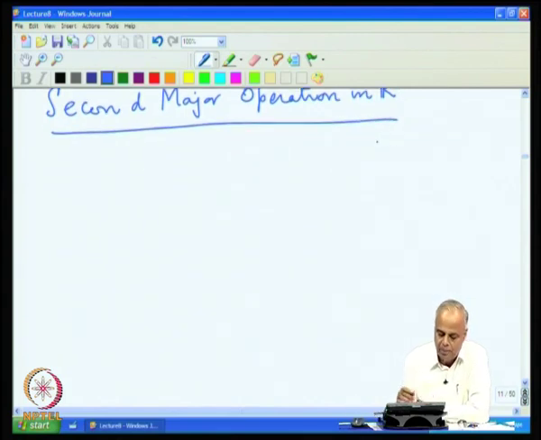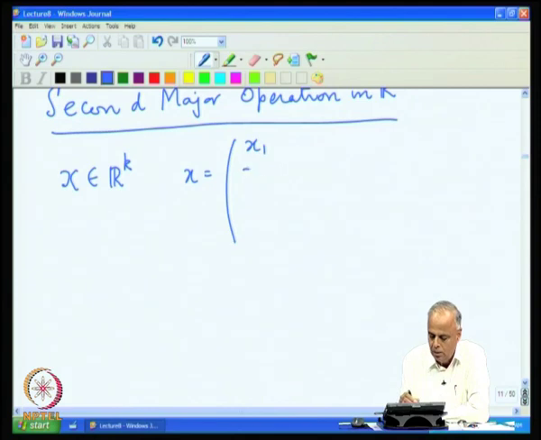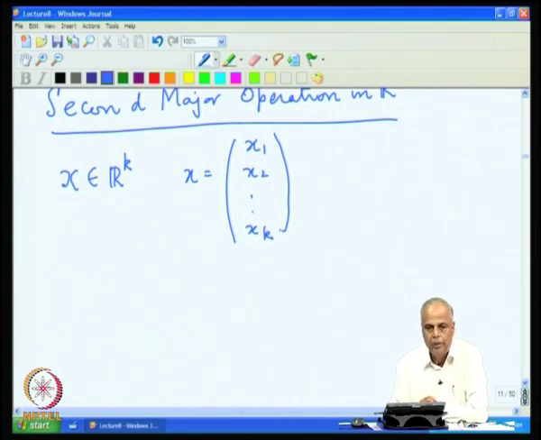What is this operation? Now, consider any element of RK. It is of the form x1, x2, xk. There are k entries, each entry is a real number.